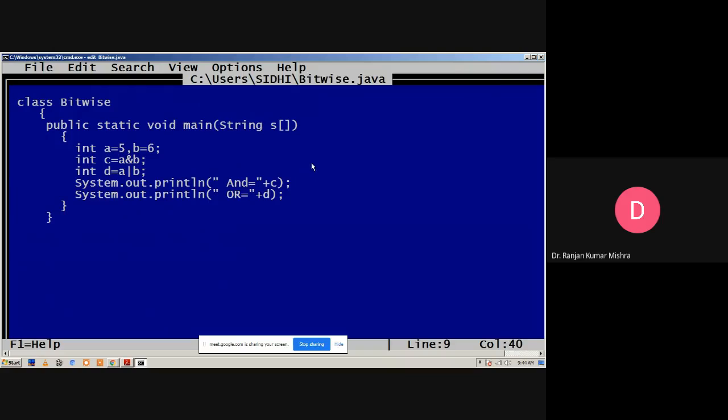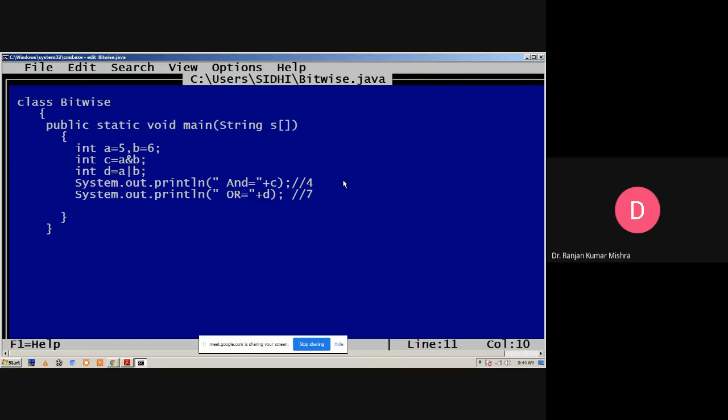The output of AND is 4, and the output of OR is 7. This output matches the previous session, where we saw different examples of AND, OR, and exclusive OR, where we also took the value A equal to 5 and B equal to 6.